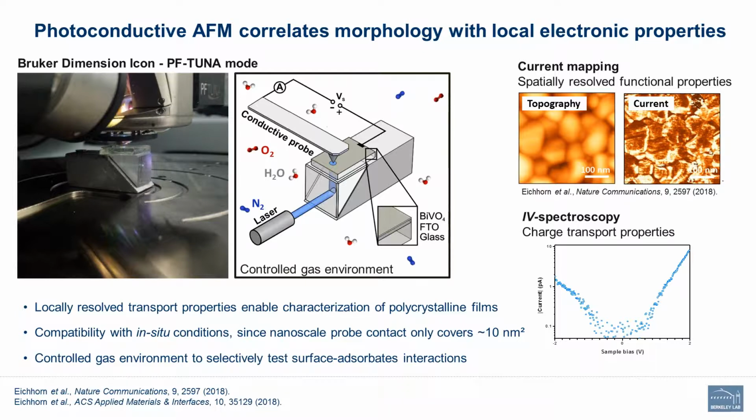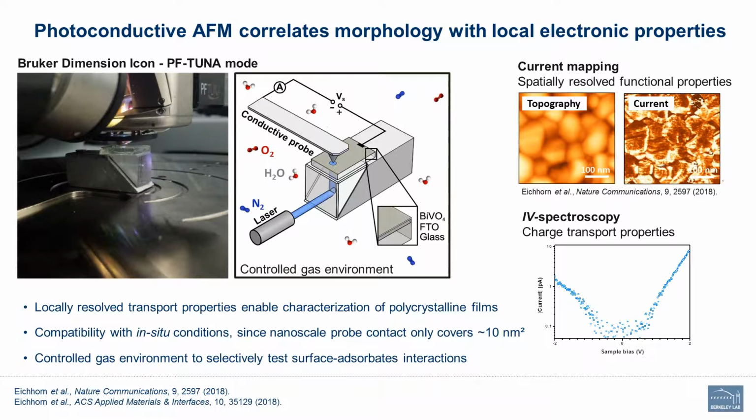This is especially interesting for photoelectrochemical materials, which are usually investigated at a solid-liquid interface. And here we can replace the solid-liquid interface by a gas-phase interface, which is less complicated, and it's a good first test to investigate selectively the molecular adsorption on the surface of the material and the effect on the charge transport.